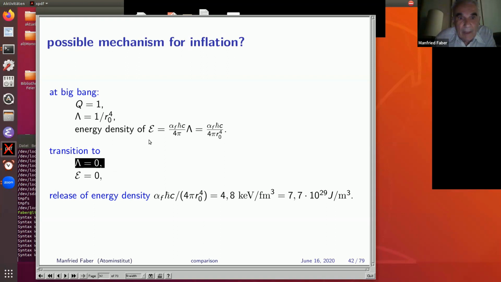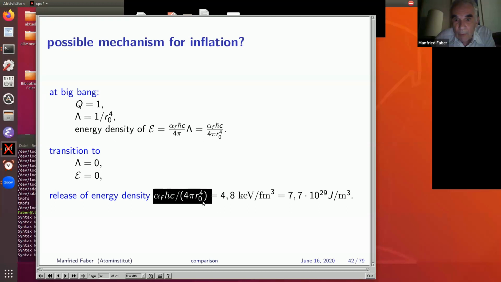And we can calculate the energy density, which I have here, in the state with unit matrices. And this is simply the prefactor of the Lagrangian, alpha f h bar c over 4 pi, times the value of lambda, which is 1 over R0 to the 4. And this gives this equation, and we can insert in this expression the value of R0.